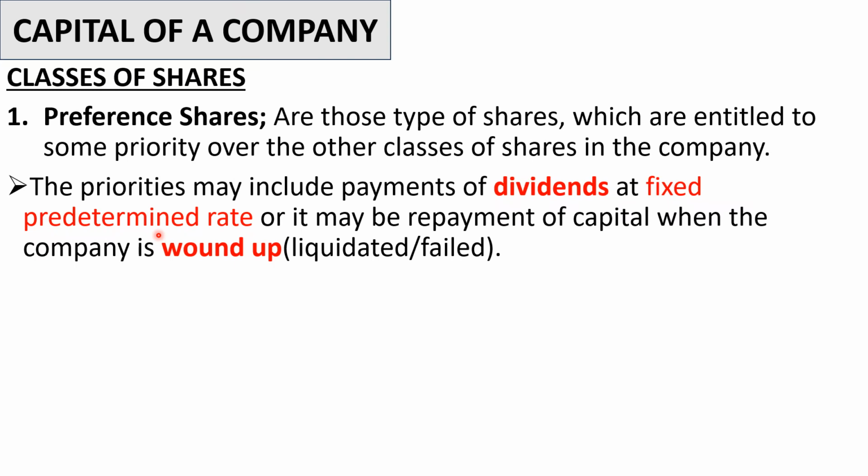Or it may be repayment of capital when the company is wound up. What it means by a company winding up is the company has failed and it's about to close. Or the other way is, of course, liquidated or simply failed. So when a company has failed, like maybe it has accumulated lots of debts which it cannot pay, they may decide to close down the company.